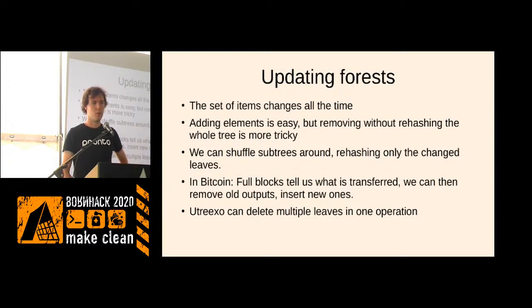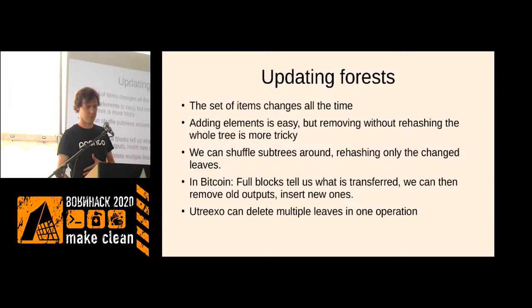We can manipulate the tree, because if we're going down a path and we only need data from a specific path, we actually don't need the other stuff. So we can shuffle things around, because we know, for example, that a sibling is committing to a subtree of this size. But if we don't touch anything, we don't need to know what that is.